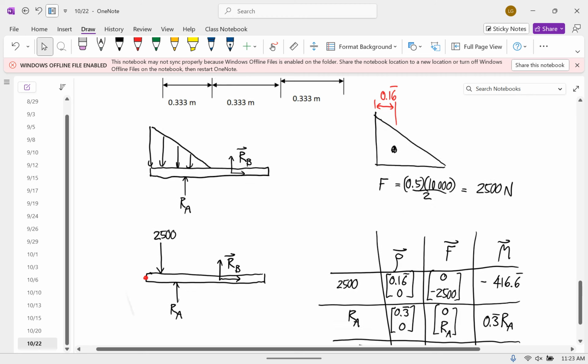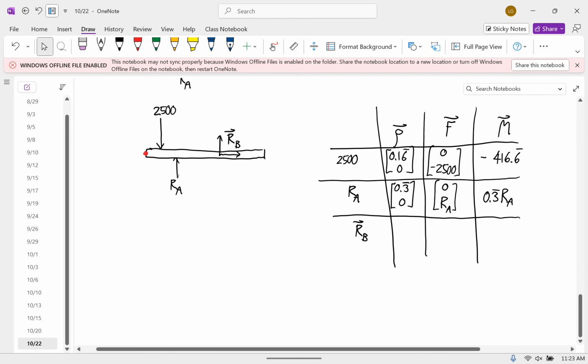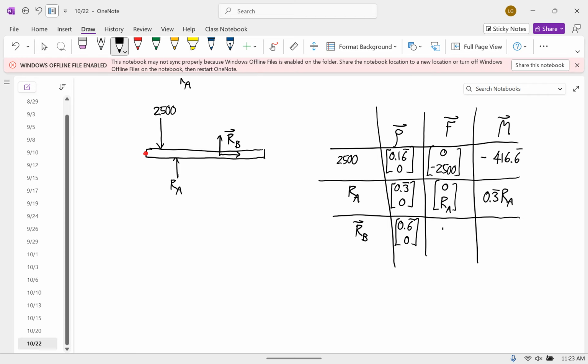And then RB, that is at 0.6 repeating, 0. The force is RBX, RBY. Moment is 0.6 repeating times RBY.